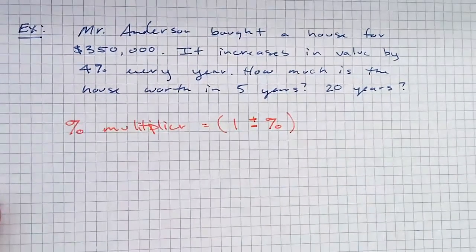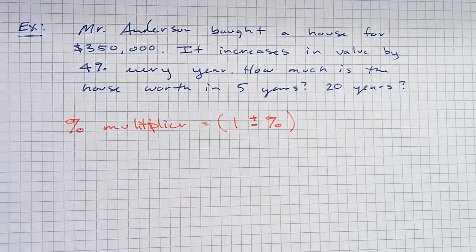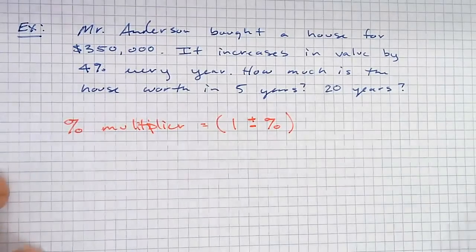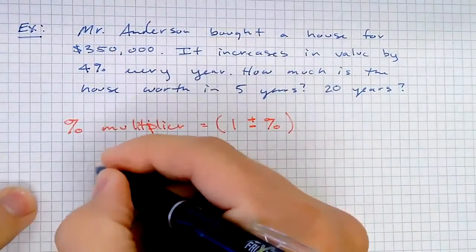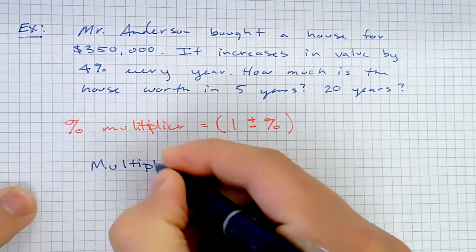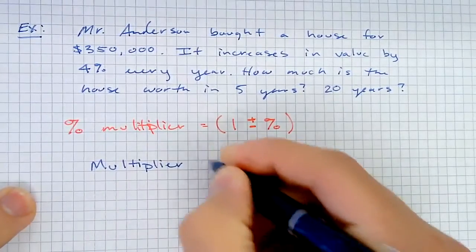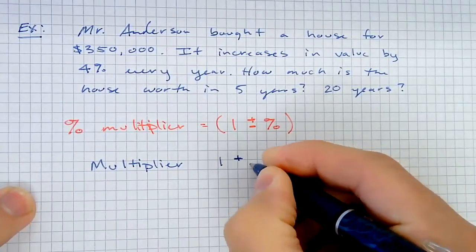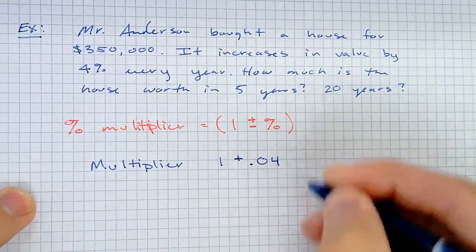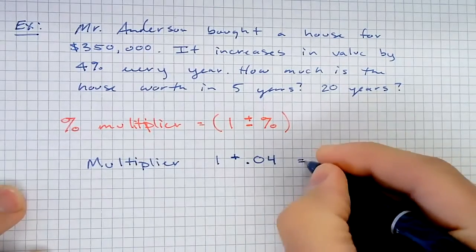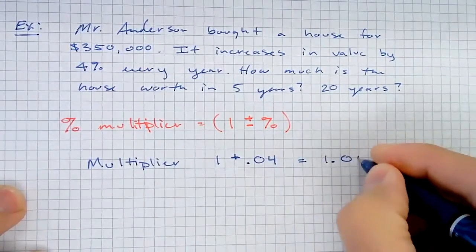Whenever we're using a percentage, we're multiplying by the same amount each time. In this example, our multiplier is going to be 1 plus, and we have to write the percentage as a decimal, which in this case is 0.04. So our multiplier is going to be 1.04.